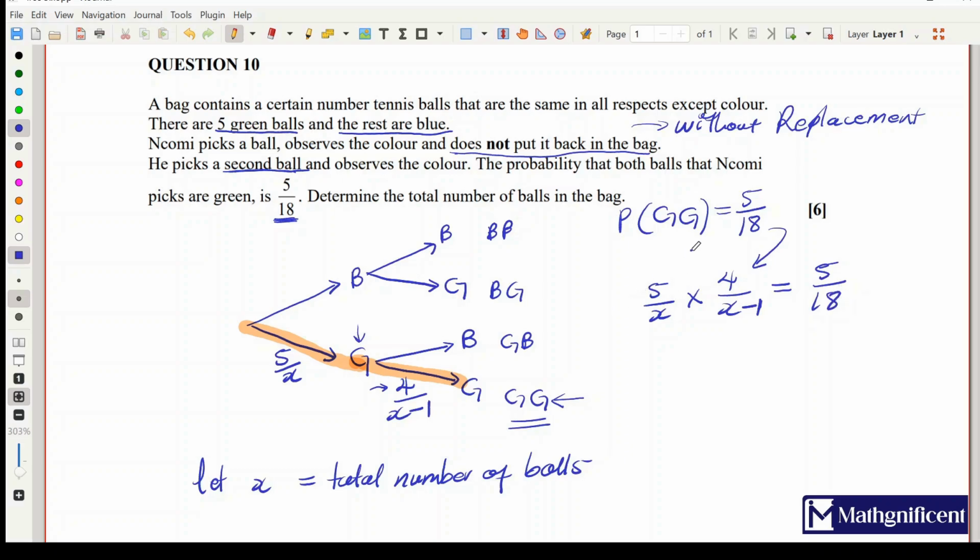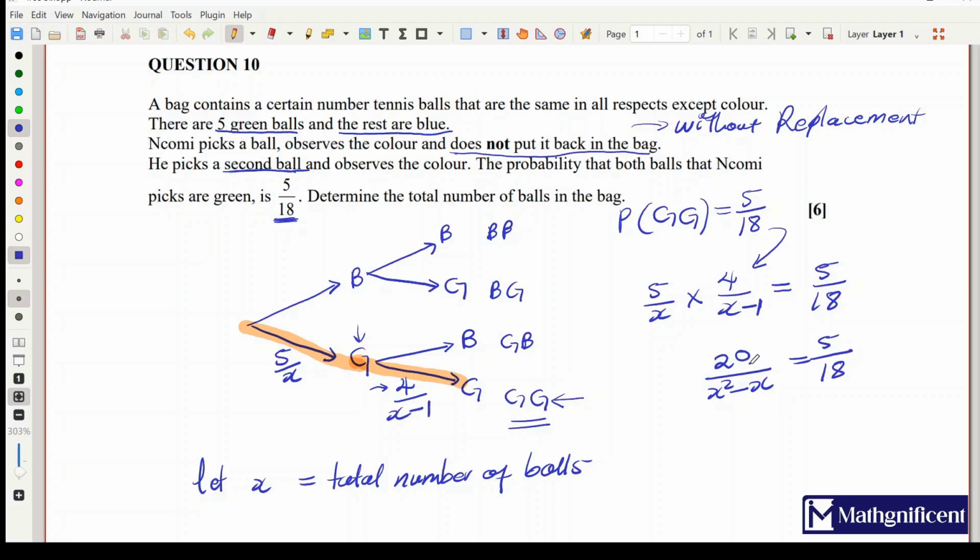And then in this case, we know that we are going to have 5 times 4, this is going to be 20 over, and then this is what we have here. Since we have x times x minus 1, we are going to have x squared minus x, which is equal to 5 over 18. So this is what we have now.